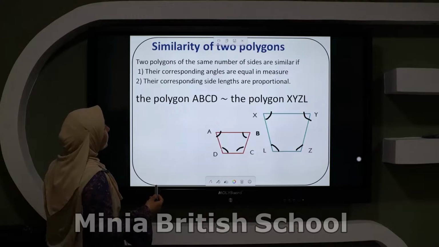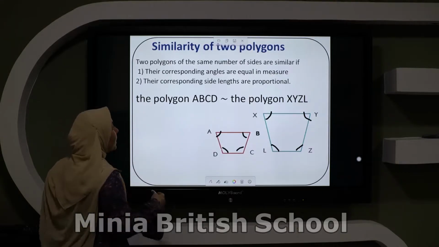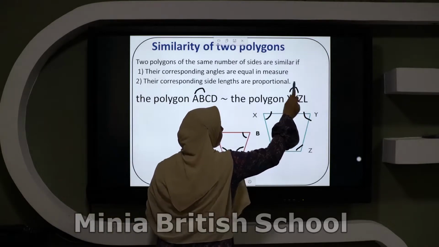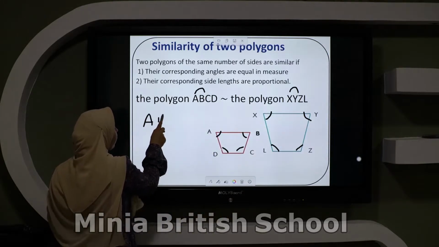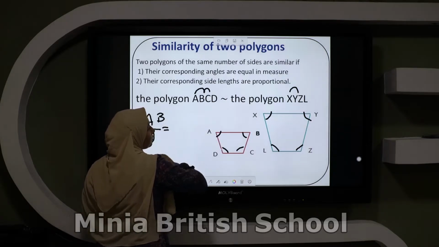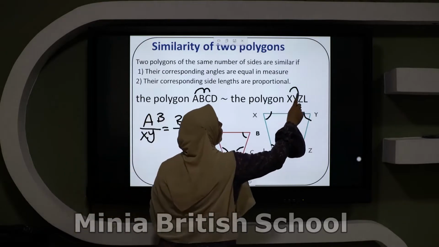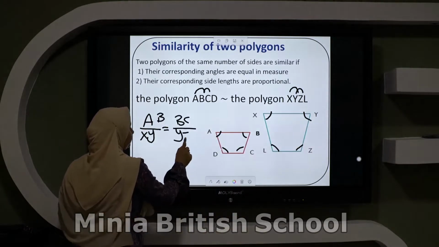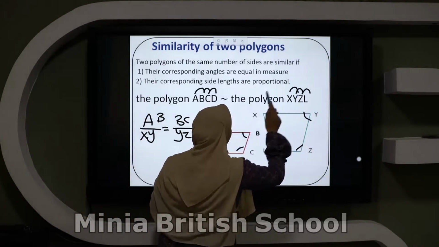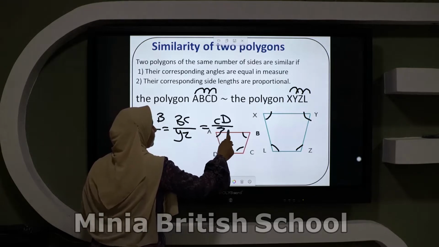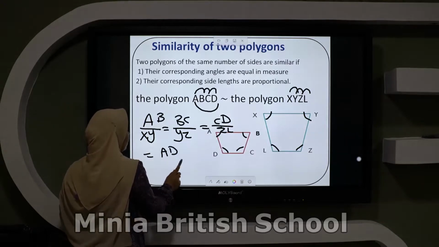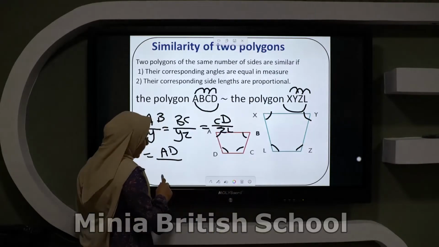And I said the corresponding side lengths are proportional. The corresponding side lengths here, like AB, the corresponding side for it is XY. So AB over XY equals BC over YZ, equals CD over ZL, also equals AD over XL, okay?